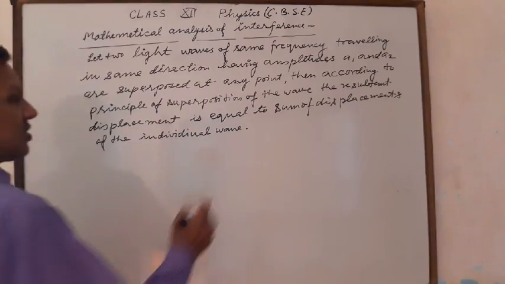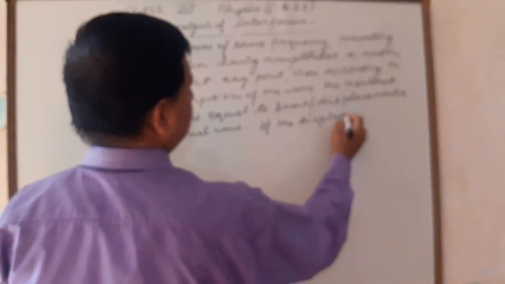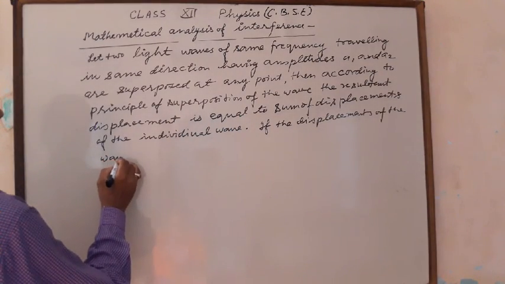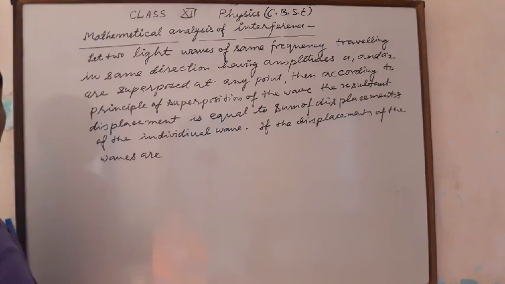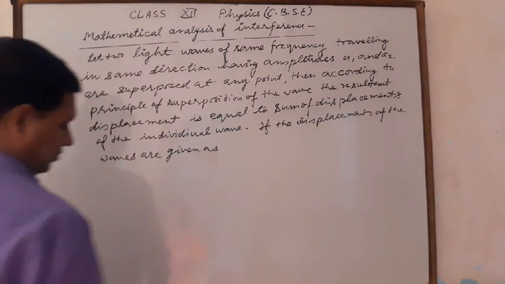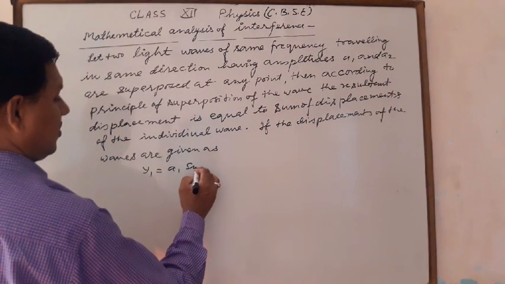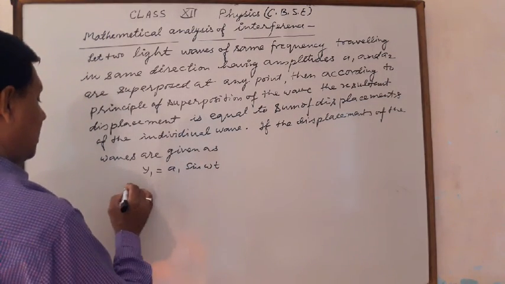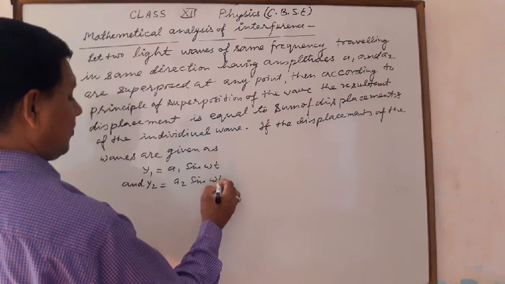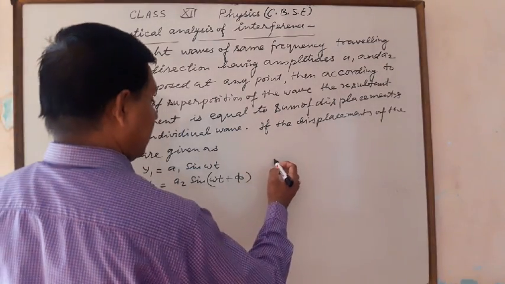If the displacements of the waves are given as y1 is equal to a1 sin omega t and y2 is equal to a2 sin (omega t plus phi), where omega is angular frequency.